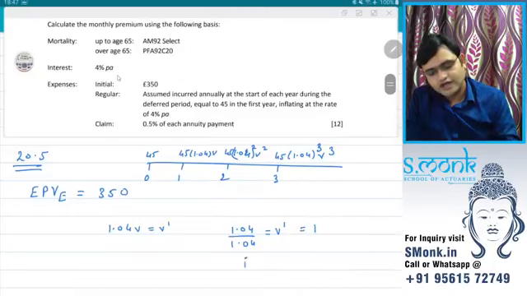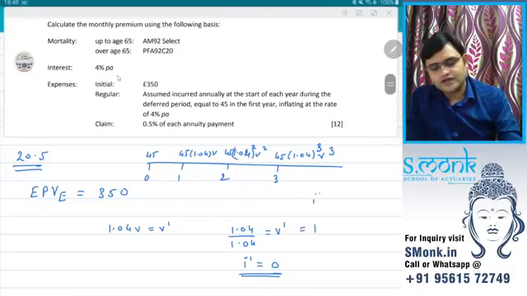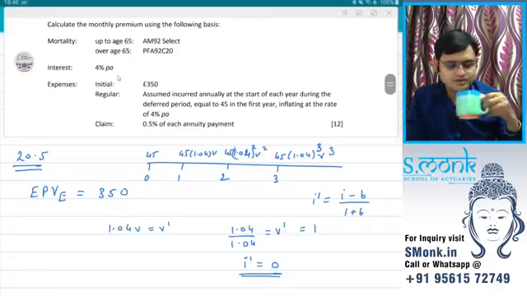That means our i dash must be equal to 0, because we get i dash as (i minus b) upon (1 plus b), and i and b are the same. So we have 0%. Now remember, yesterday we made equations at 0%, right?